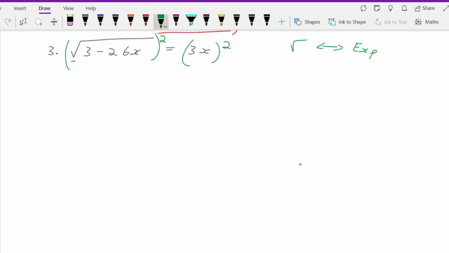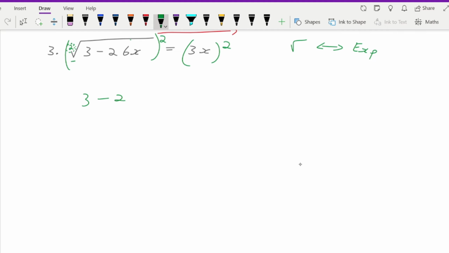So to remove the root, which is a square root, we take it to the power 2. But if it was 3 here, this would also be 3, so that they cancel each other and give us a 1.